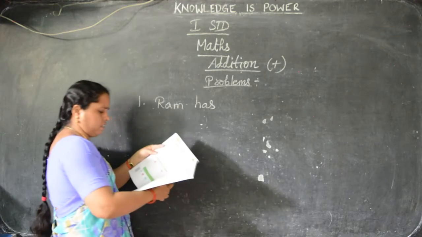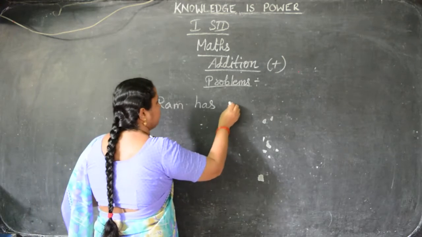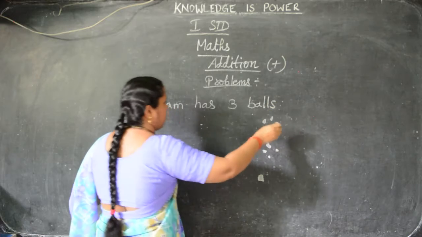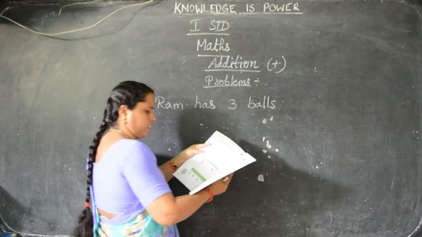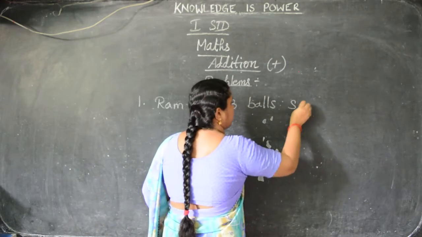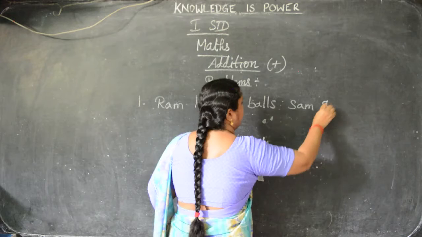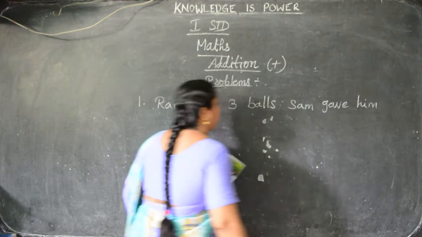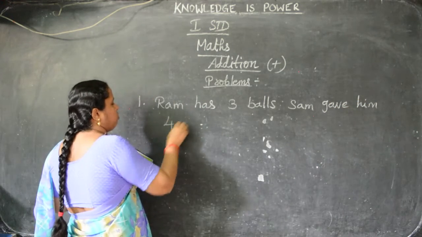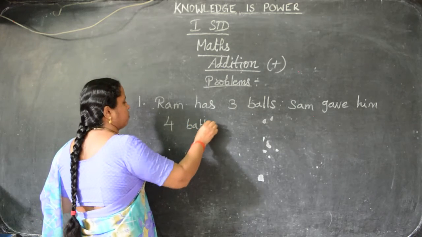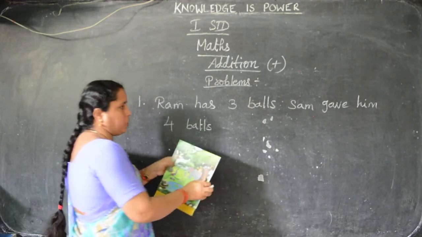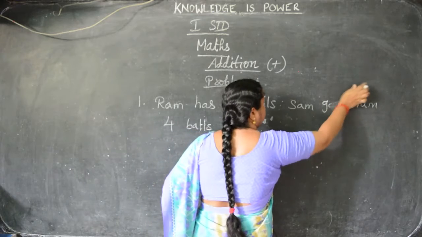Ram has 3 balls. Sam gave him 4 balls. Sam gives him 4 balls.